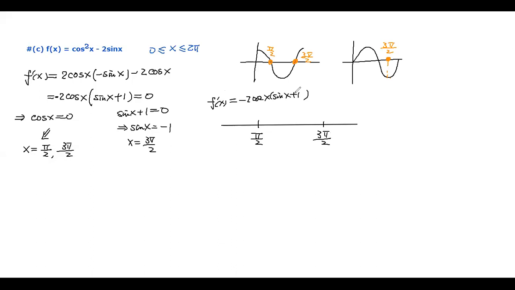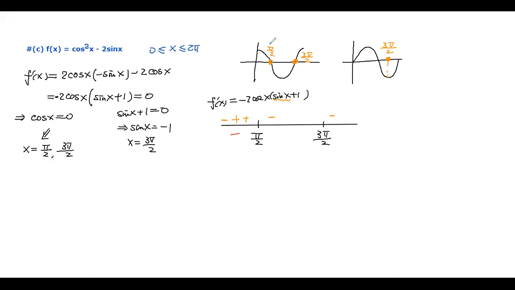Okay, so for anything less than pi over 2, from 0 to pi over 2, cosine is positive, right? Then sine x plus 1, because the sine value is always less than or equal to 1, when you add 1, no matter what the value is, these terms are always positive. So with the negative sign in front, this interval will be negative, right?